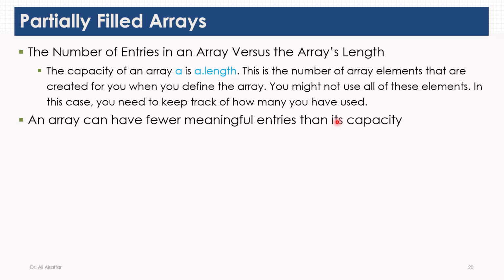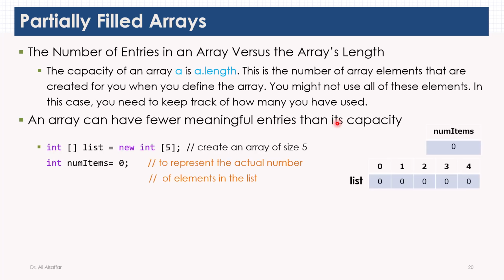Let's go for an example. Here we are declaring an array of integers of 5 elements. So we said that the capacity of the array is 5. So maximum we can store 5 integers. And this is the situation in the memory. All the elements, or all integers, are initialized to 0. We define a variable that keeps track of how many elements are used in the array.